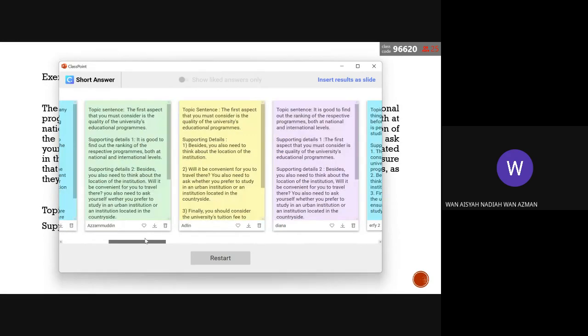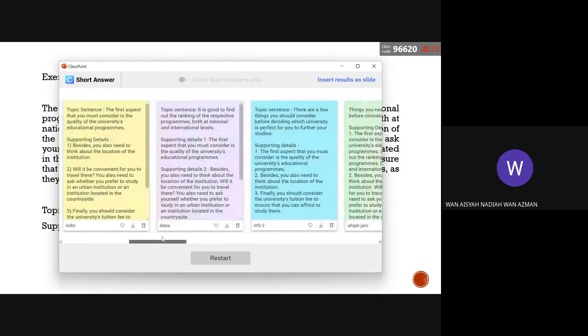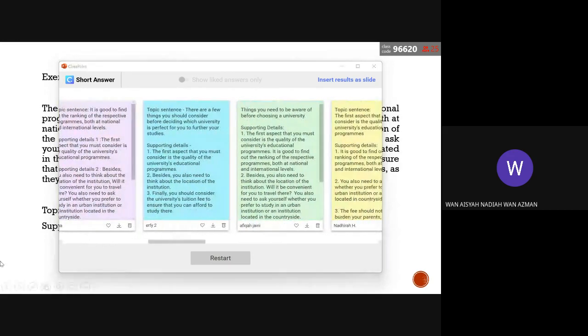Okay, there are a few things you should consider before deciding which university is perfect for you to further your studies. Okay, so make sure you write down your answer in full sentence.